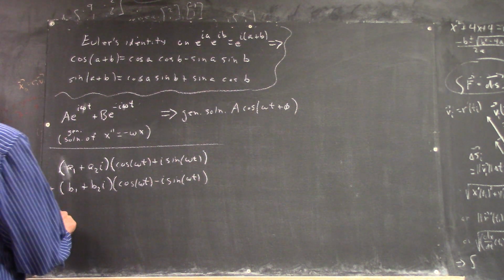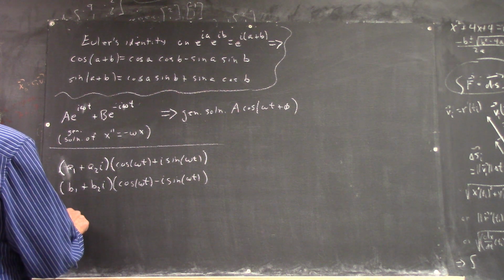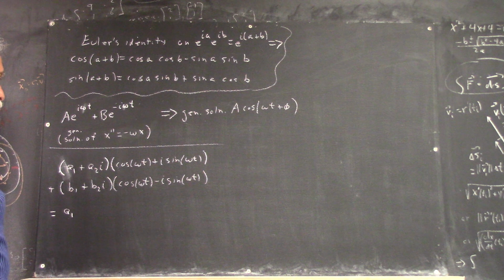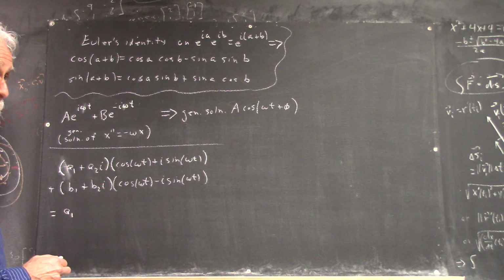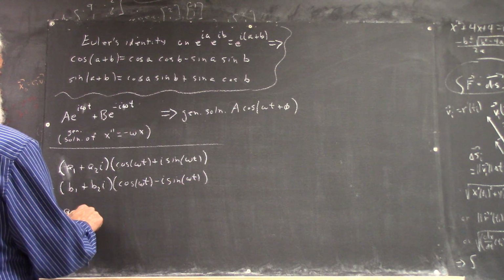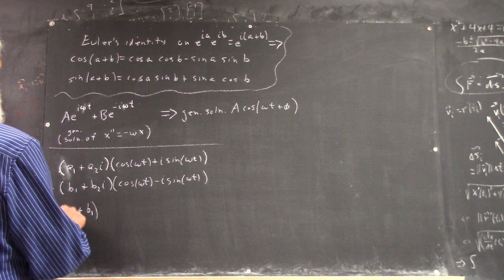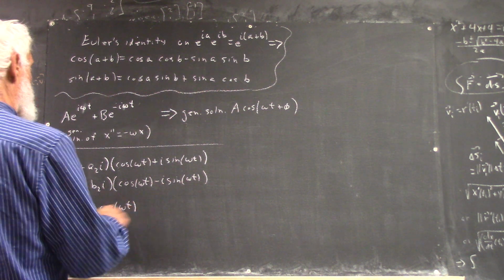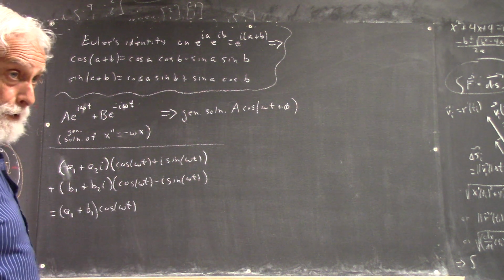So this comes out to a bunch of terms. What do we have in the cosine? We have an A1 times a cosine, plus B1. Now we want to write the real part of this out, then the imaginary part.